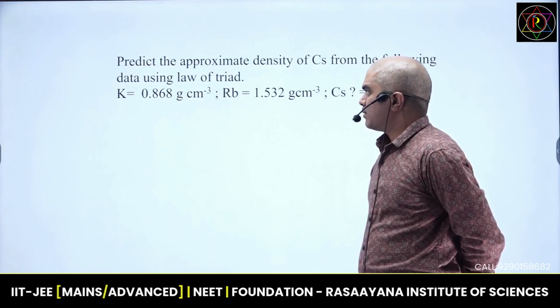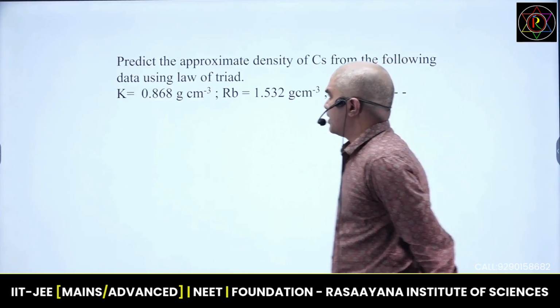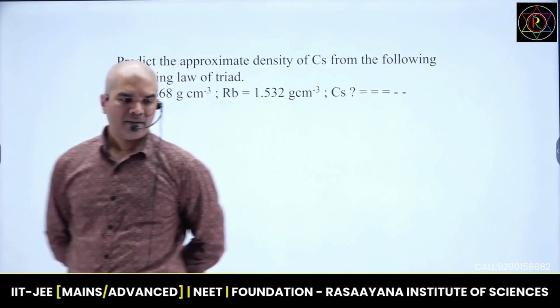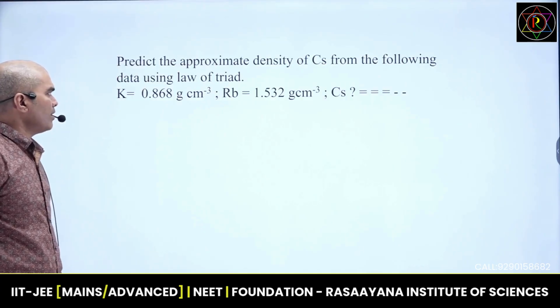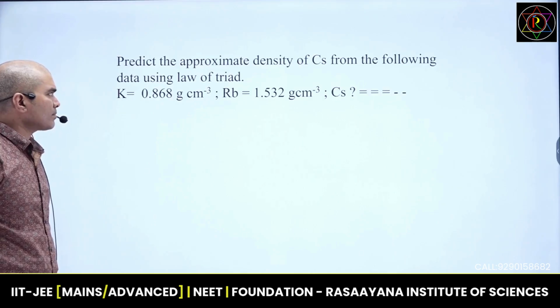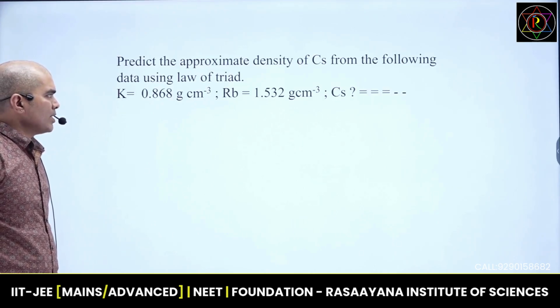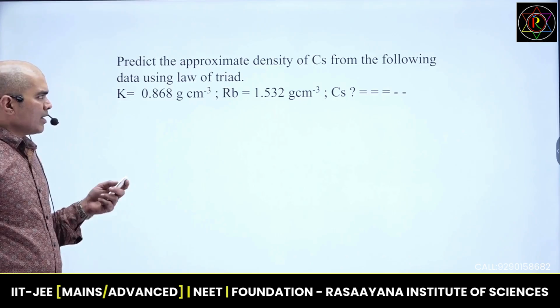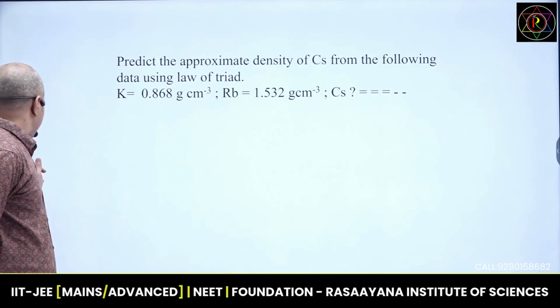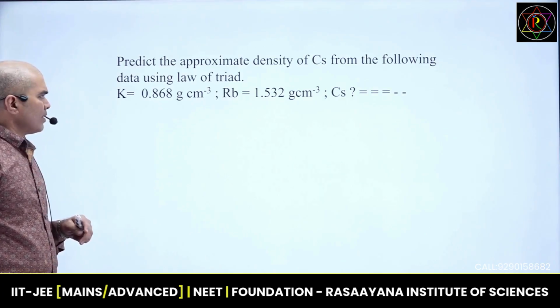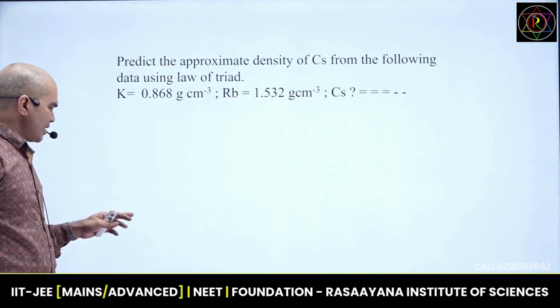Now let us work out a simple question. Predict the approximate density of cesium from the following data using the law of triads. So what is the density? Here, instead of giving atomic mass, they have given density. How to calculate it? The approach is very simple.